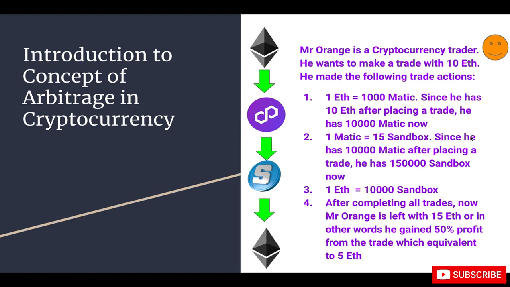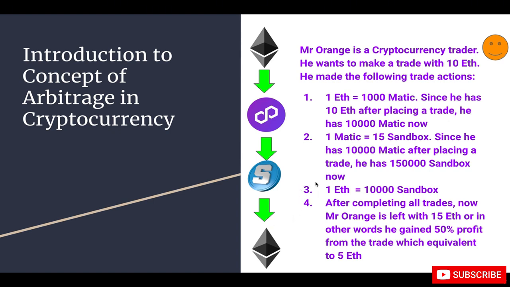Since he has 10,000 Matic previously, after placing a trade, now he has 150,000 Sandbox. Since the conversion rate for one Matic is equivalent to 15 Sandbox, all you need to do is multiply 15 by 10,000. So after completing his second trade, now Mr. Orange has 150,000 Sandbox.